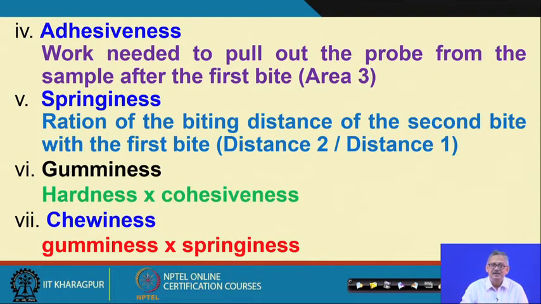So, you are able to measure or calculate for a definite food material what the quality parameters should be, either before or after processing, as and when you require. You have so many parameters in hand to tell the quality.